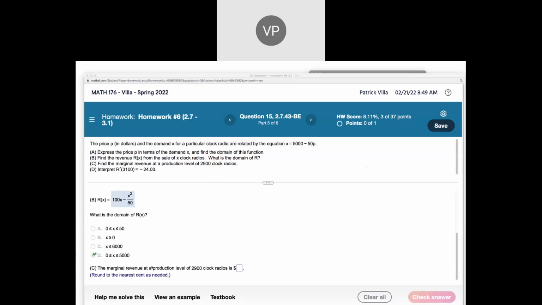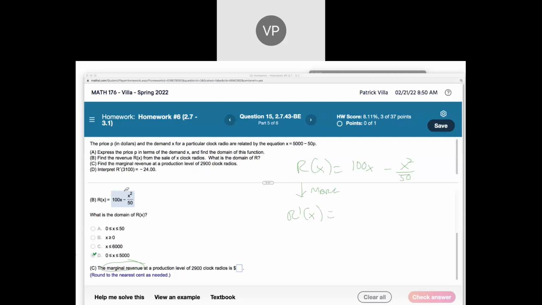Okay, so now the marginal revenue production level at 2,900 clock radios is, well, take this revenue function. All right, so let me go rewrite that one more time. The revenue function, which we just found, is 100x minus x squared over 50. The marginal revenue, marginal means you need to be finding a derivative here.